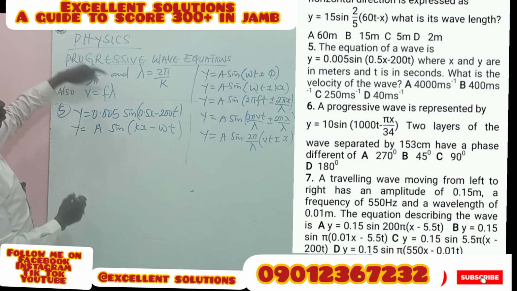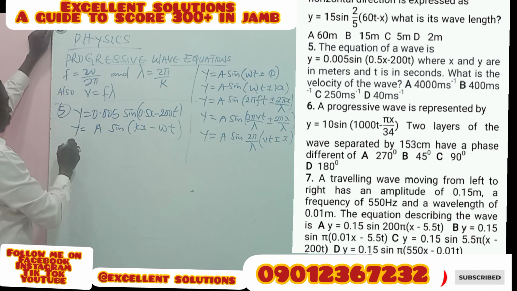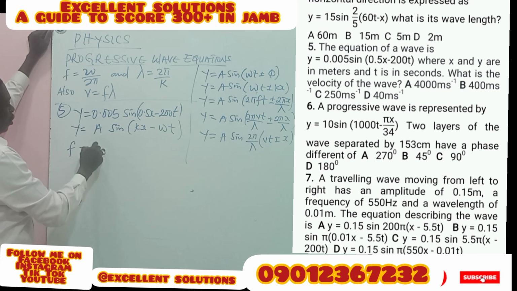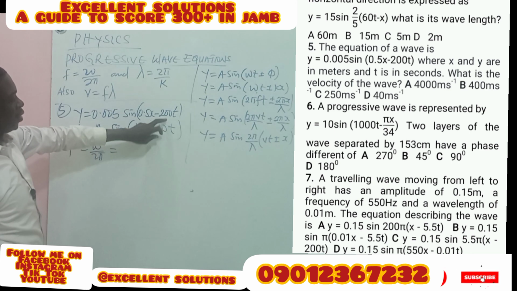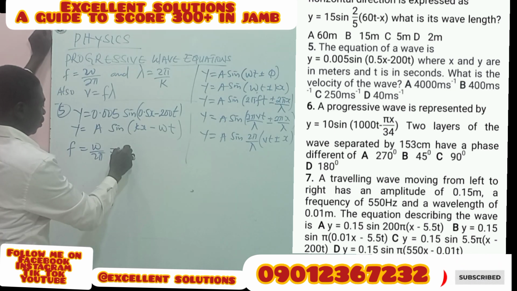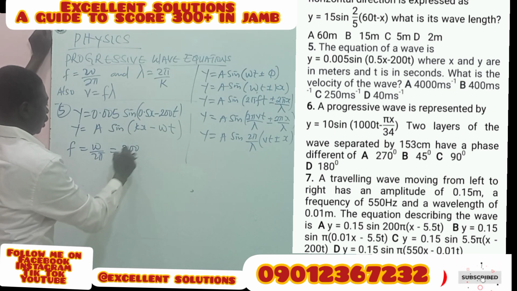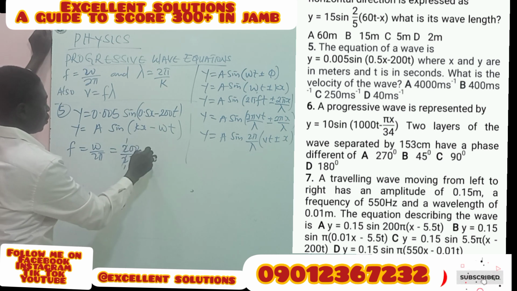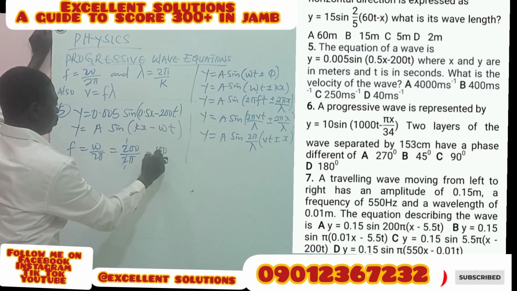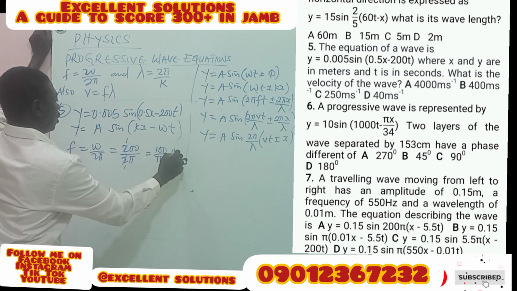So we can now start with this. We can now say frequency f equals omega upon 2 pi, and this omega is the same as 200. So this now becomes 200 upon 2 pi. 2 here, 1, 2 here, we have 1. So this now becomes 100 upon pi hertz.